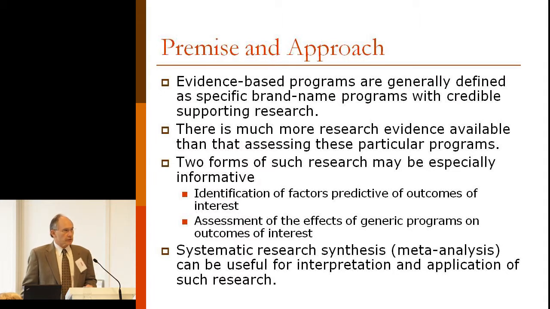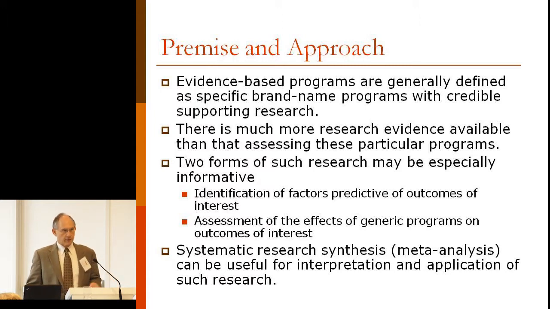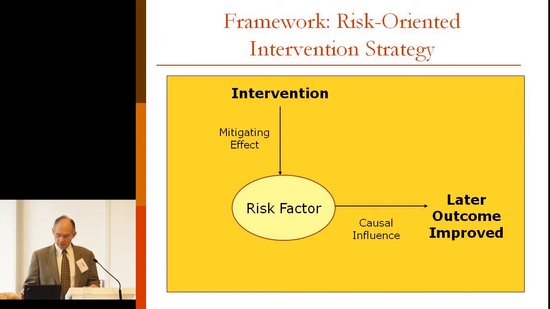And there are systematic ways to draw on the research base in both of these areas. I do meta-analysis, so I'm inclined to think that's the best way to synthesize evidence, but it's not the only way. Here's a graphic version of that. That's a risk-oriented intervention strategy that's implicit in a lot of our programs. We have risk factors, or maybe proximal outcomes, that are the immediate targets of intervention that are expected to lead to the later outcomes or predictive of those later outcomes.